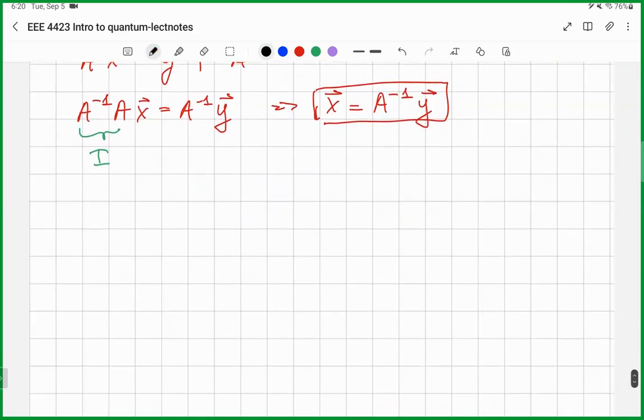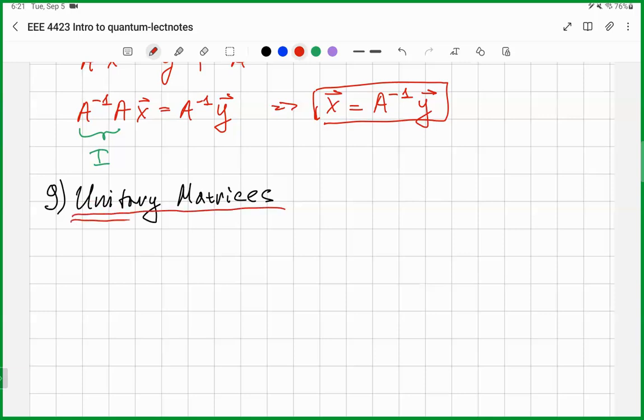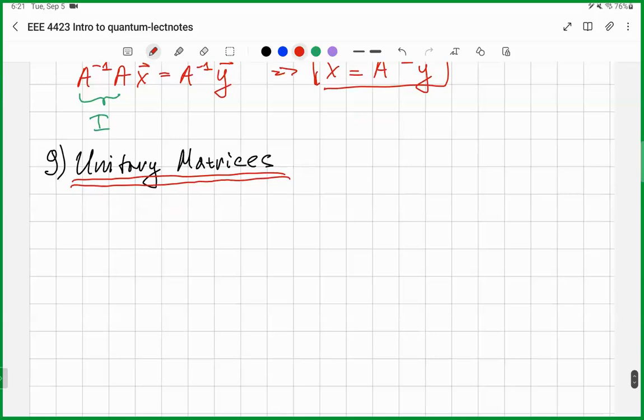The next topic is very important. It's called unitary matrices. Why important?